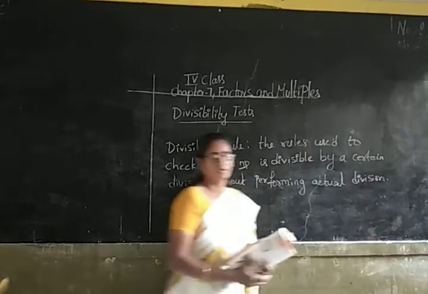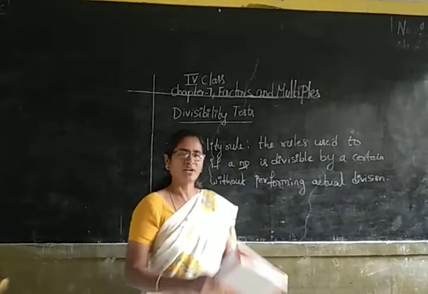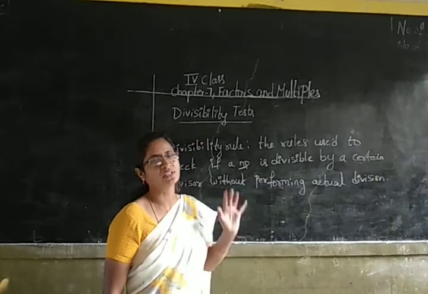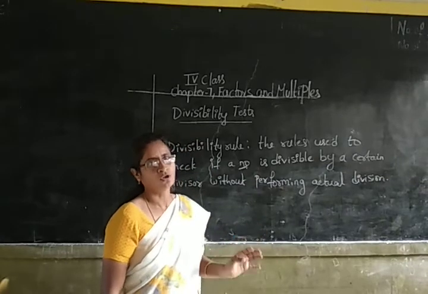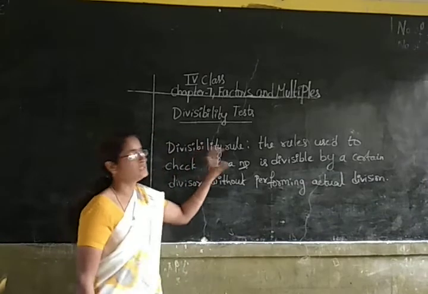Which means we don't divide the number, but we use certain rules to find out whether the number is divisible or not. Such rules are called divisibility rules.